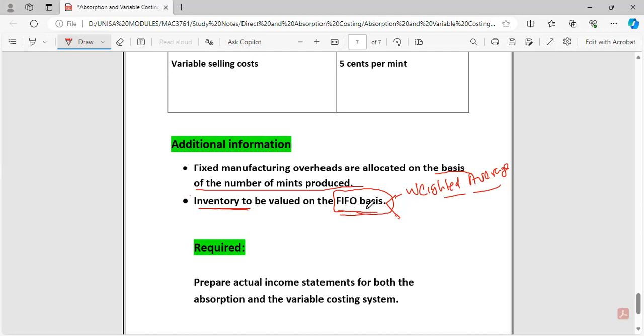That's the only difference. But when you are using the weighted average, you are going to include it as part of the inventory valuation. So that's the difference between FIFO and weighted average. You should also look at this part: inventory to be valued on the FIFO basis.